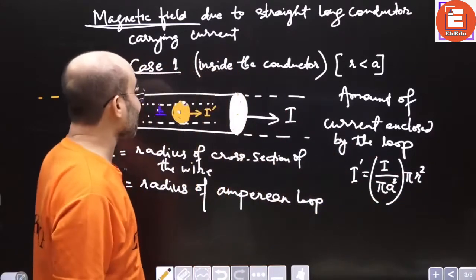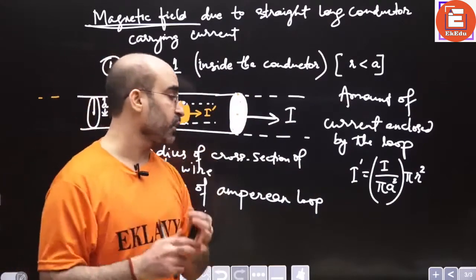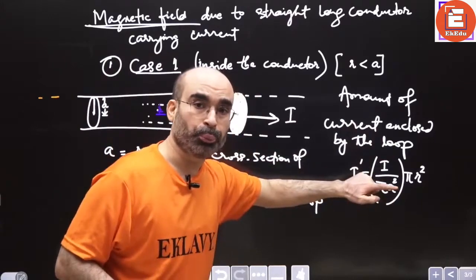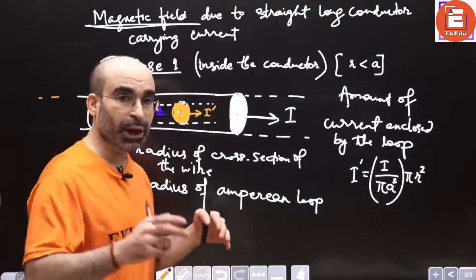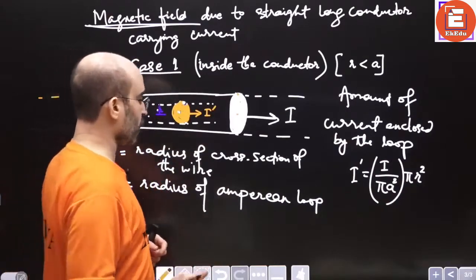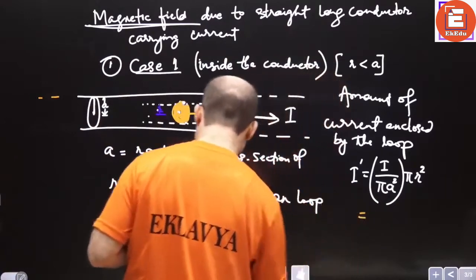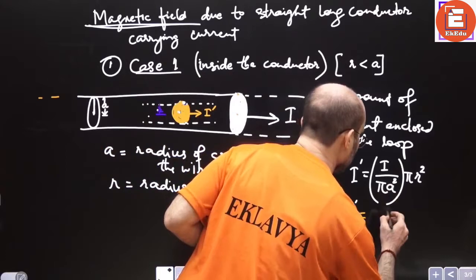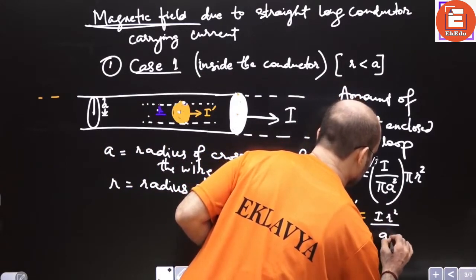Because the entire current will not be flowing through this cross section, that we need to understand. So current per unit area into the area of this loop, the area of this cross section. So now the final result will be I dash equals, this pi gets cancelled, I r square by a square.